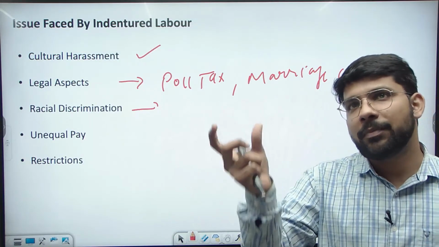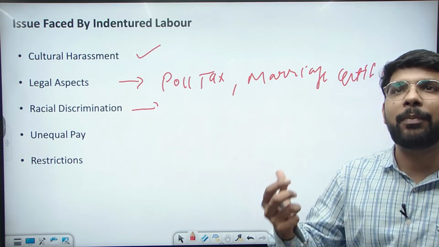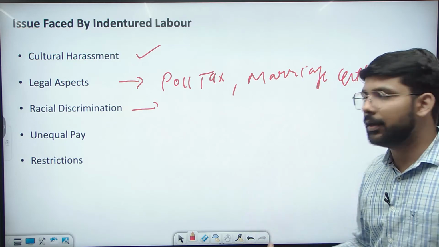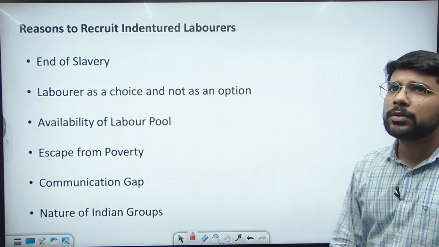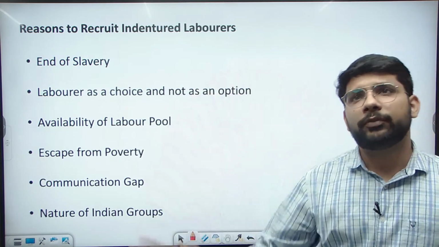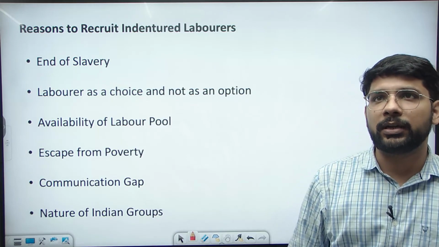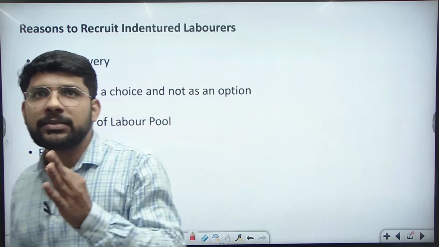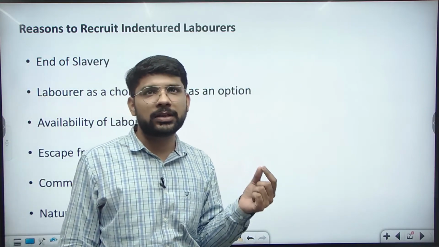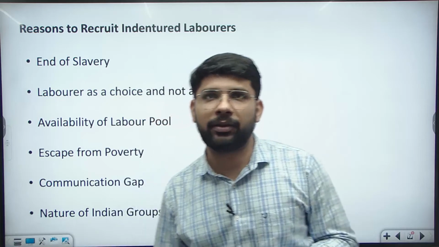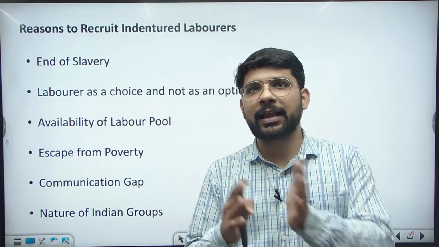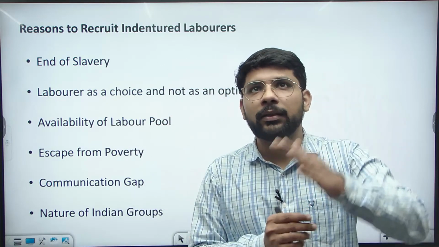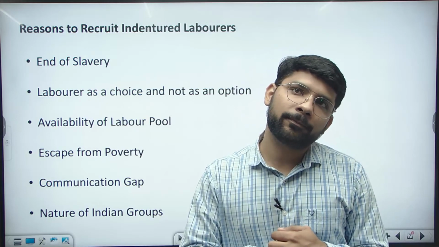So this is the demand of the question. Let's see why they were recruiting the Indians. So, reasons for recruitment of the indentured labor. Number one, as we write in the introduction, the indentured labor system or bonded labor system was started after the end of slavery. As the slavery was ended by the British, then the indentured labor concept started.